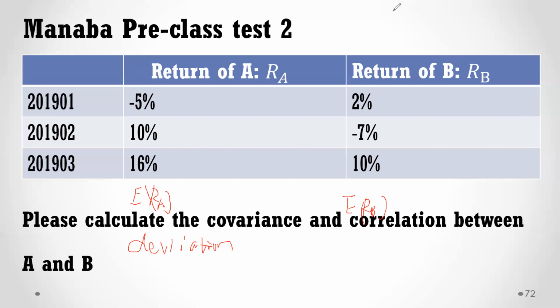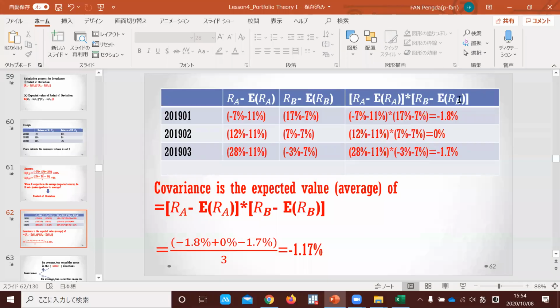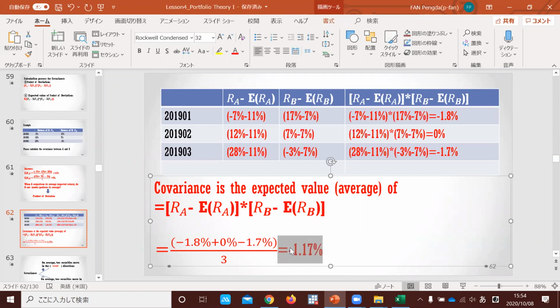Let me go to the previous example. We already got the covariance as minus 1.17.